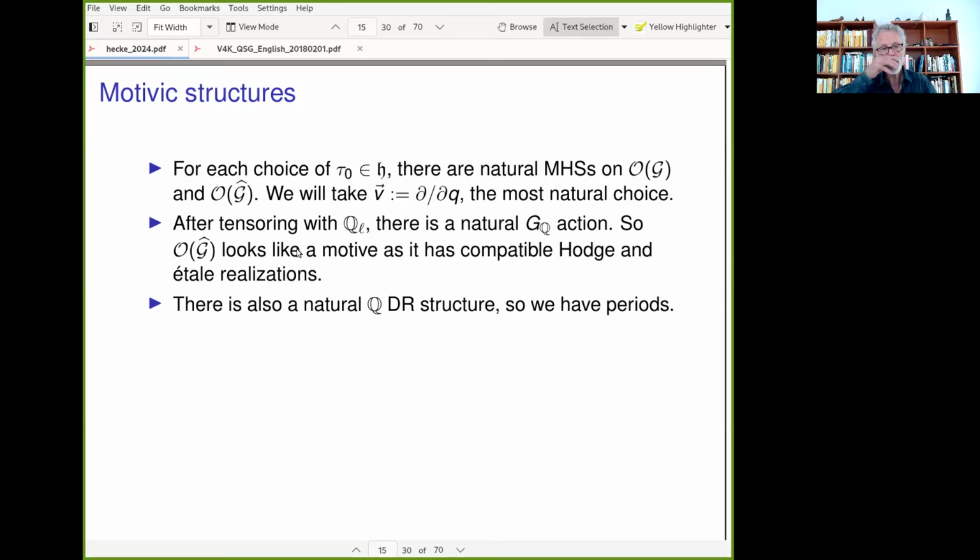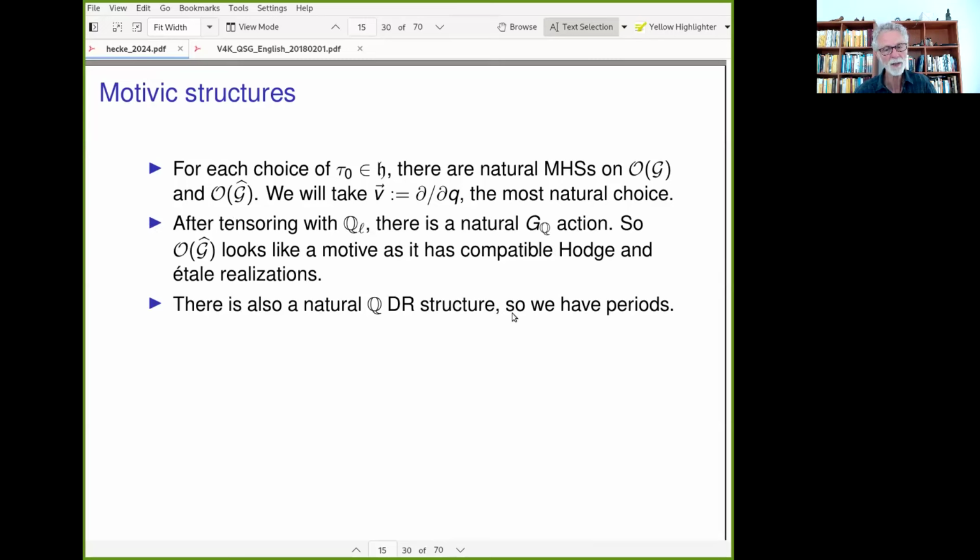All right, so then if you tensor with Q_l, you can prove there's a natural action of the absolute Galois group on both. So for example, the coordinate ring of the large completion looks like a motive, as it has compatible Hodge and étale realizations.